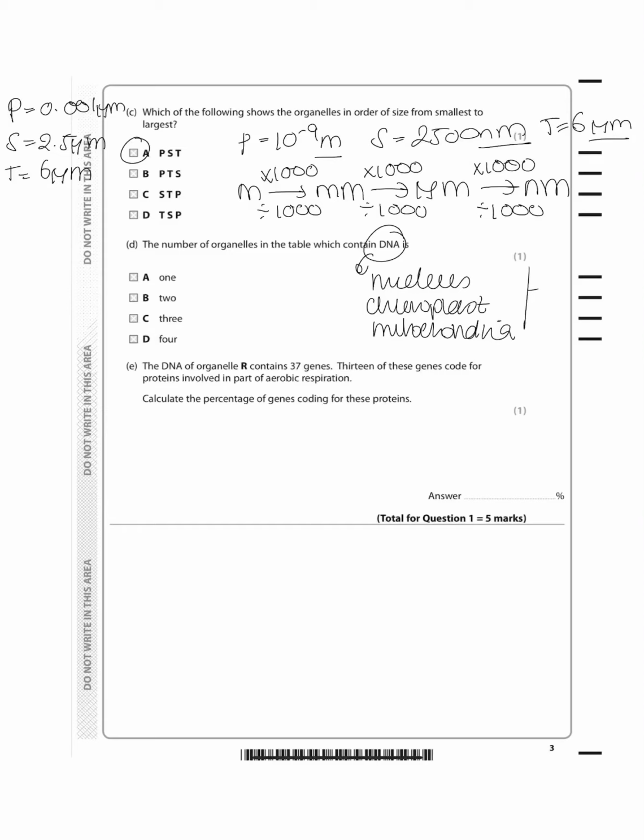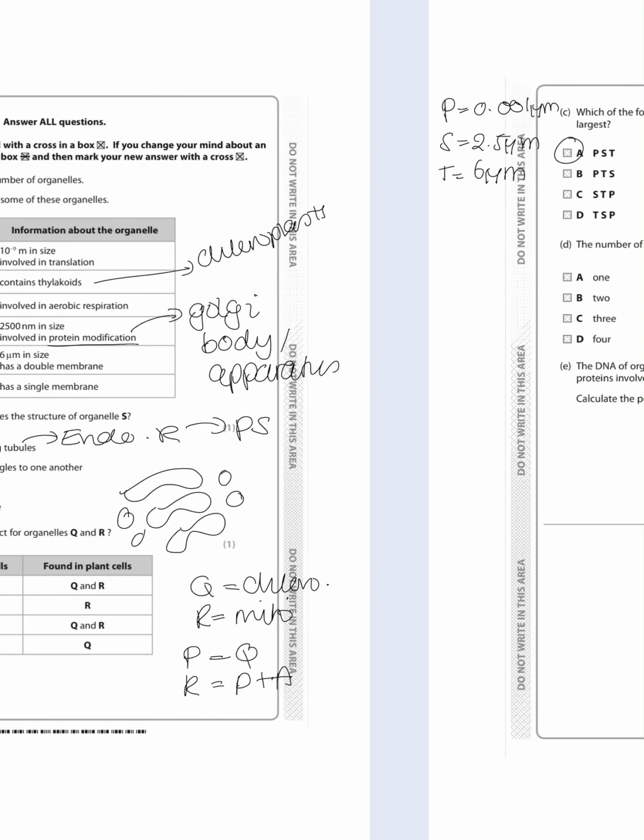And another thing is they all have a double membrane. So we need to see if the table contains these 3 organelles, and as we've seen by the previous question, they contain the chloroplast and mitochondria. So we need to see if the nucleus is involved.